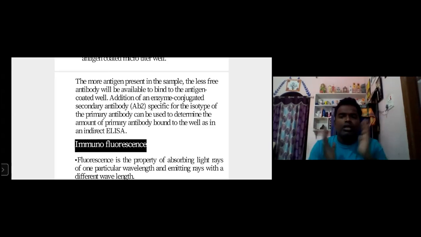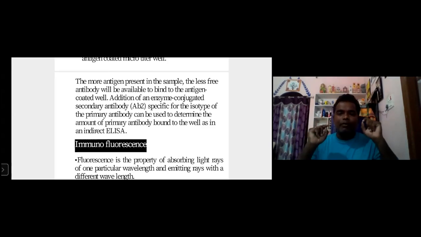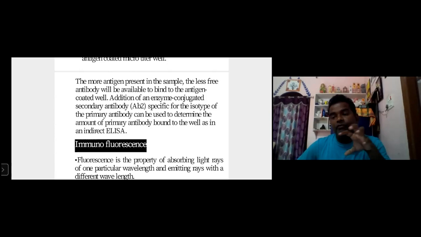So these are the types of ELISA, and this ELISA is very important. This ELISA test was prepared by Engvall and Perlmann in 1971. The wells are coated with polystyrene, and there are 96 wells in total.